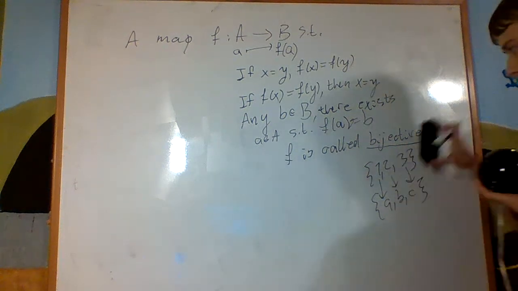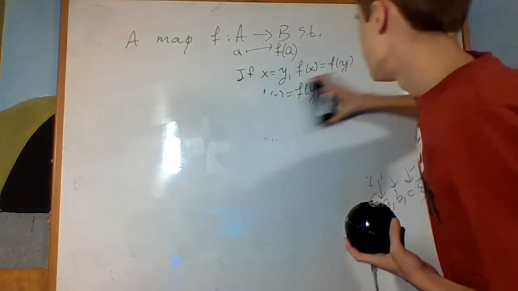That's what a bijection is. Okay, what does this have to do with different sizes of infinity? Well, it gives you whether the real numbers and the natural numbers are the same size.